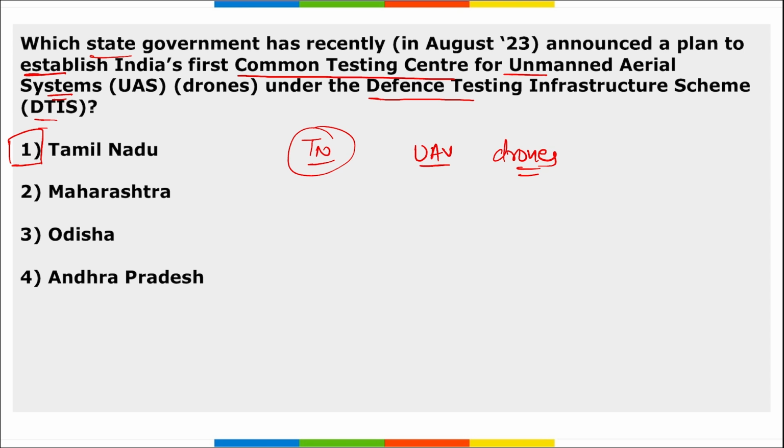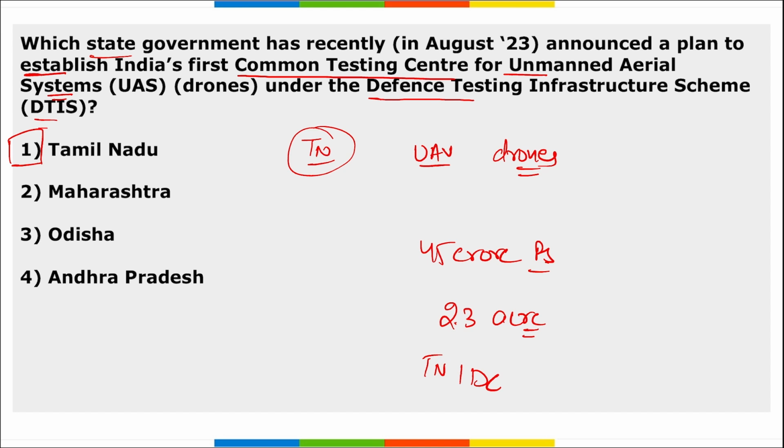Correct? This center will be established with a cost of 45 crore rupees over an area of 2.3 acres of land. Correct? And it would be established by the Tamil Nadu Industrial Development Corporation. Correct? Which is the nodal agency for the implementation of the Tamil Nadu Defence Industrial Corridor.